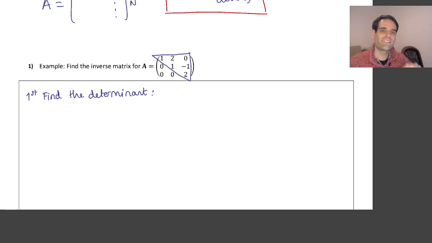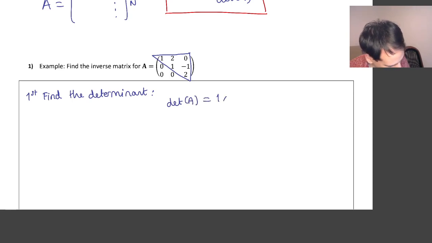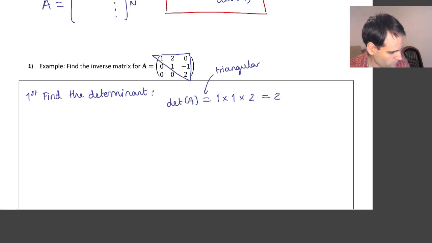And remember, when you have a triangular matrix, the determinant is just the product of the elements of the main diagonal. Therefore, the determinant of A is equal to 1 times 1 times 2 equals 2. And this is true because it's a triangular matrix.